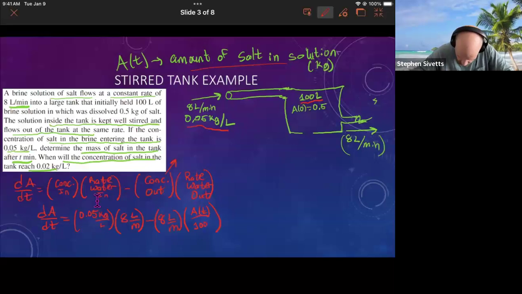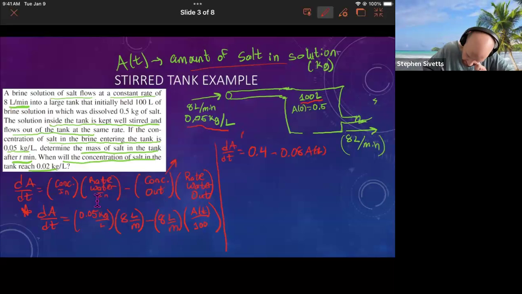So this is the formulation of the stirred tank differential equation. Right? So dA/dt is equal to 0.4 minus 0.08 times A of T.